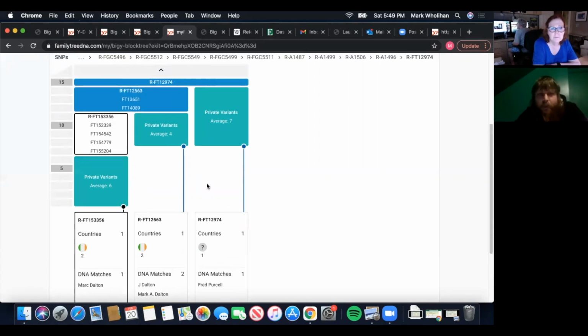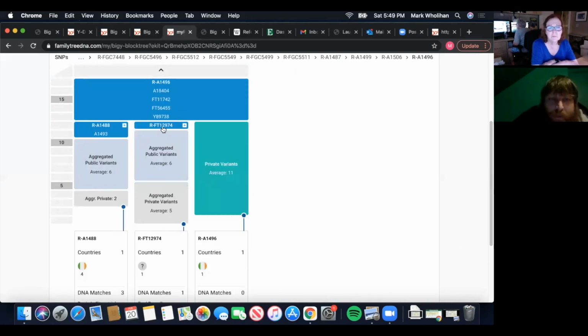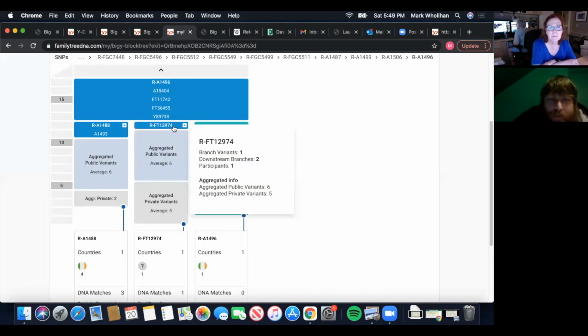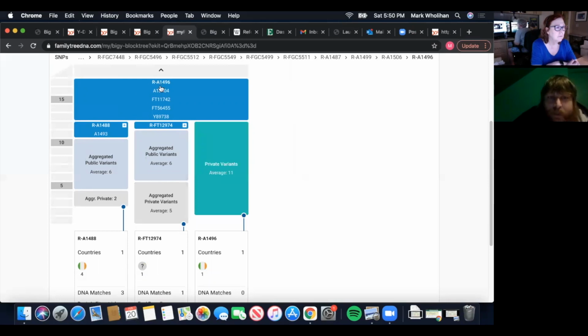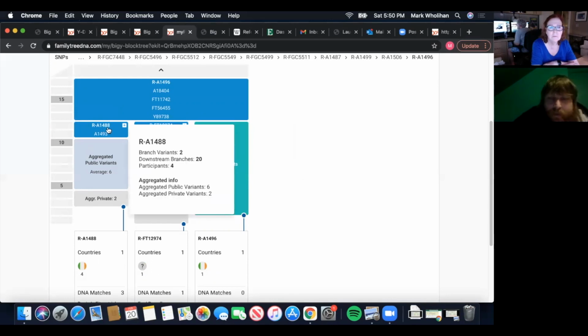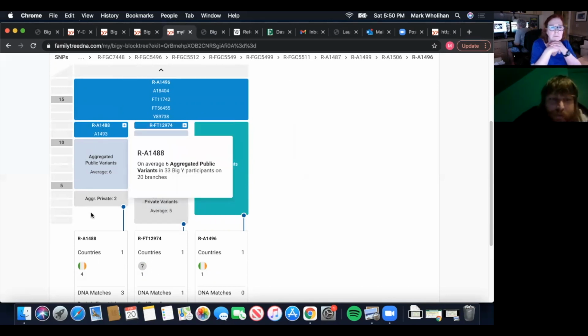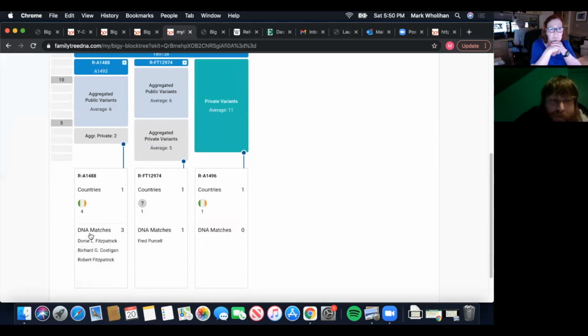And then the Purcells share a common ancestor at FT12974. And let's say his dad is 1496 and his brother is 1488. And then his brother had a bunch of children that had the Fitzpatricks.